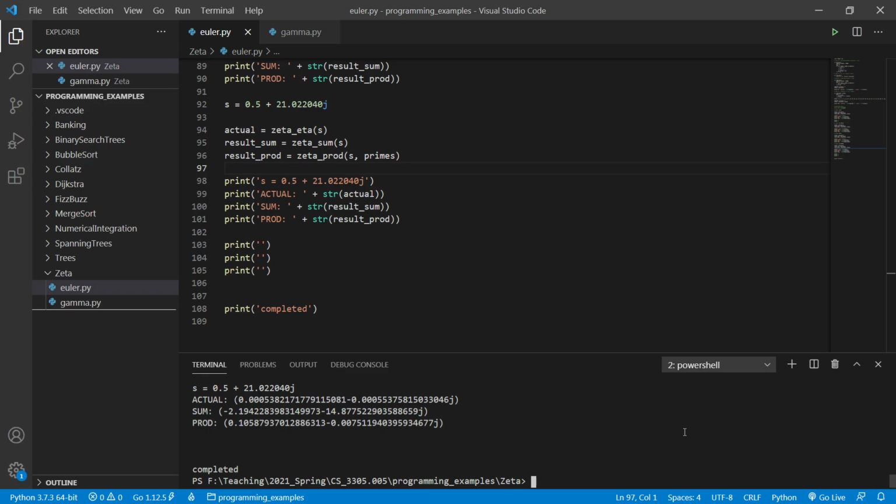I don't mean slow like 1 over n to the 1.5 or something like that, right? Or 1 over n to the log n or something like that. I mean like just absurdly slow.